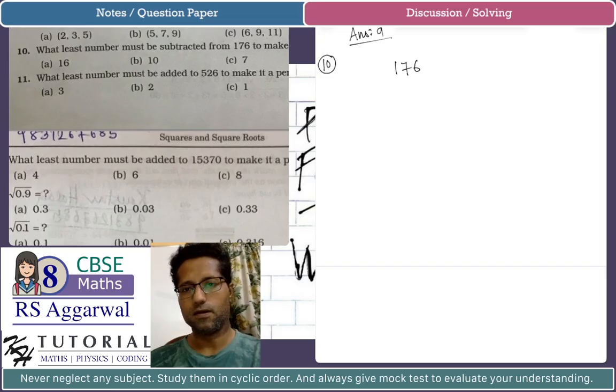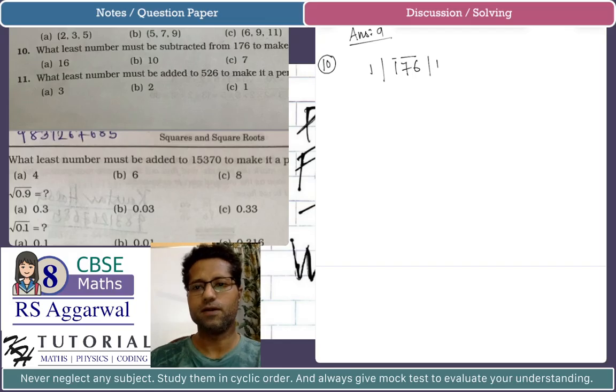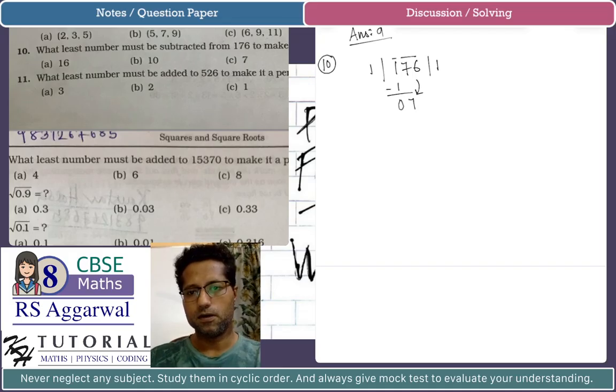When we create the periods, that is, pairs of two digits starting from the right-hand side, we have 76 and 1. When we do the long division method, starting from the leftmost period, which is 1, obviously it will be 1, 1 times 1 is 1, remainder is 0. We bring down the next period, 76.